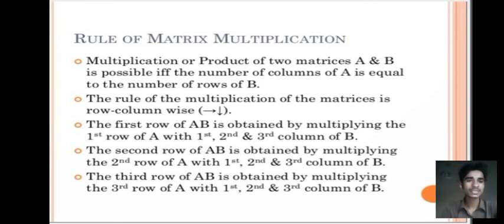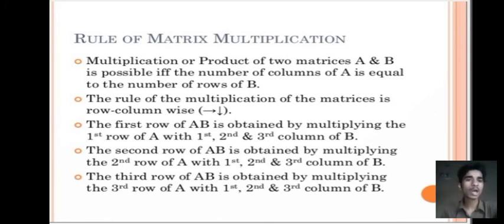Rule of matrix multiplication. Multiplication or product of two matrices A and B is possible if the number of columns of A is equal to the number of rows of B. The rule of multiplication of matrices is row by column.